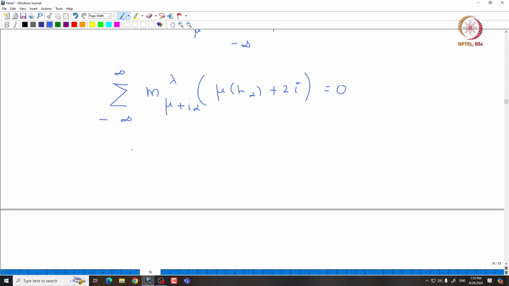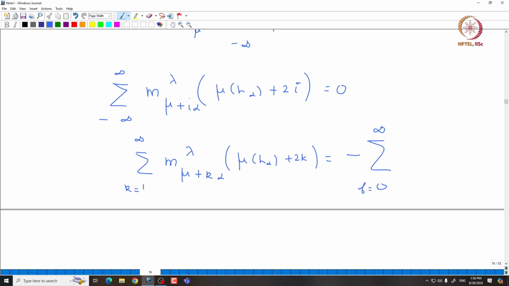So, if you keep this summation from 1 to infinity, where let us say k ranges from 1 to infinity, then this is going to be the multiplicity of mu plus k alpha in lambda times mu of h alpha plus 2k. This is exactly equal to minus the summation, with b equal to 0 to infinity, of the multiplicity of lambda, mu minus b alpha, times mu of h alpha minus twice b.